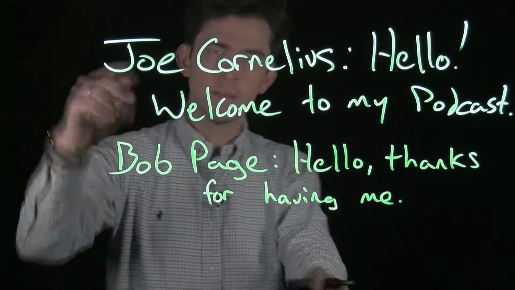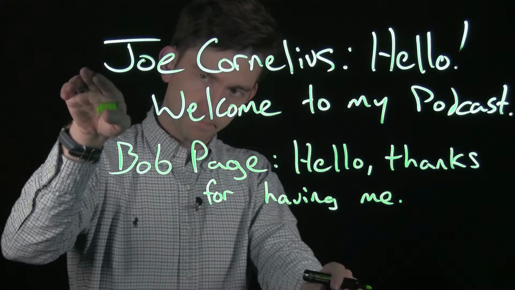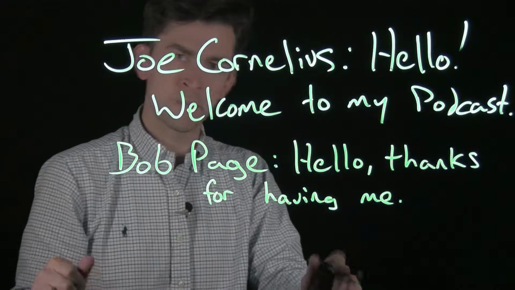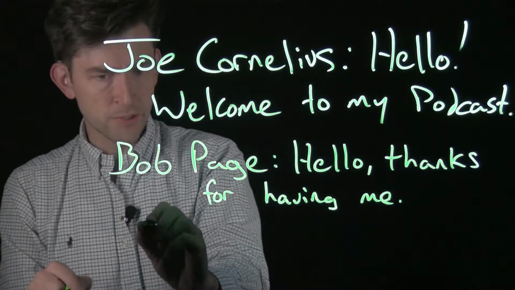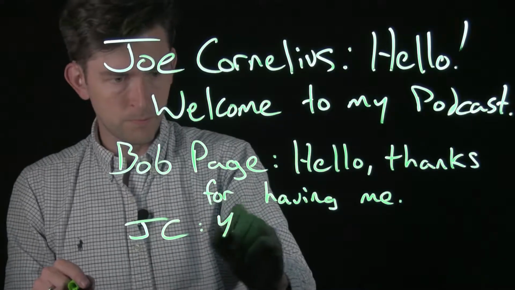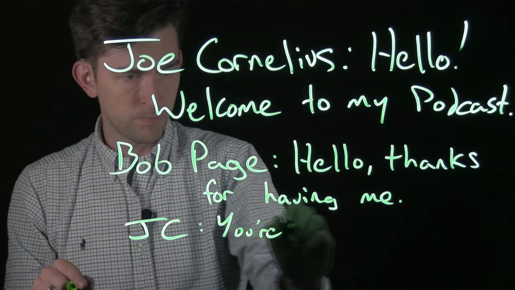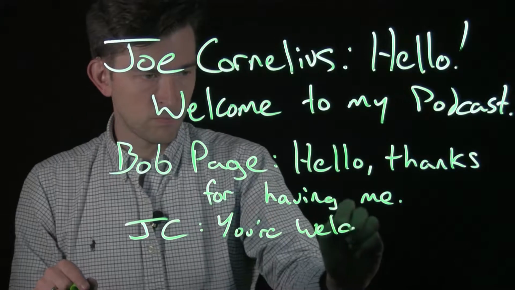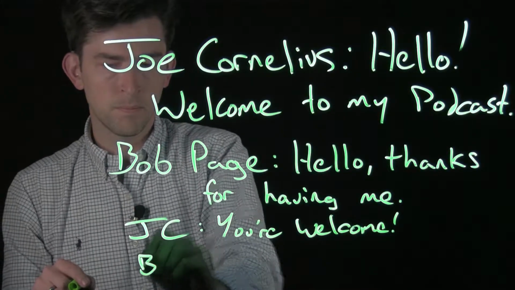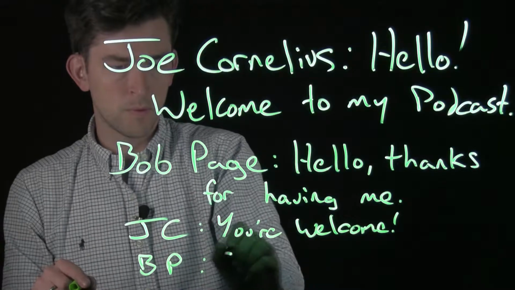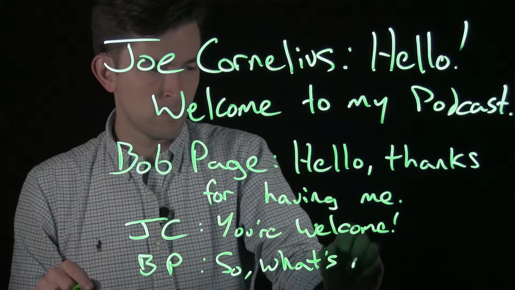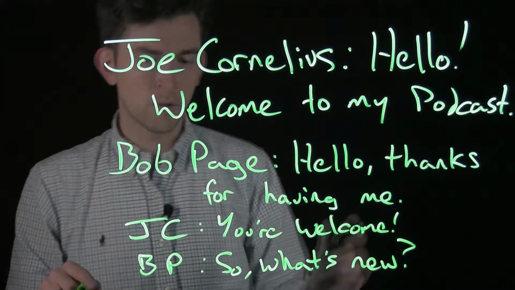And then, if I say something again, we already established what my name is and how it's spelled and everything. At this point, you just simply write the initial. And then, okay.